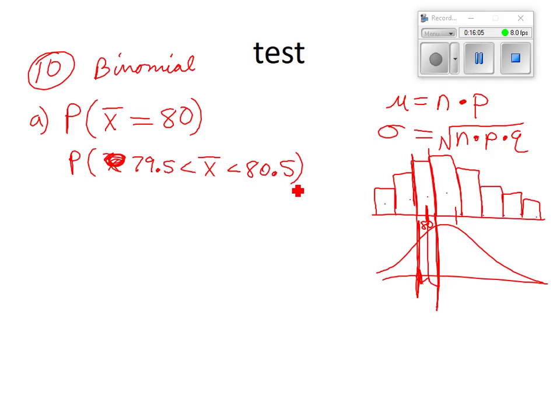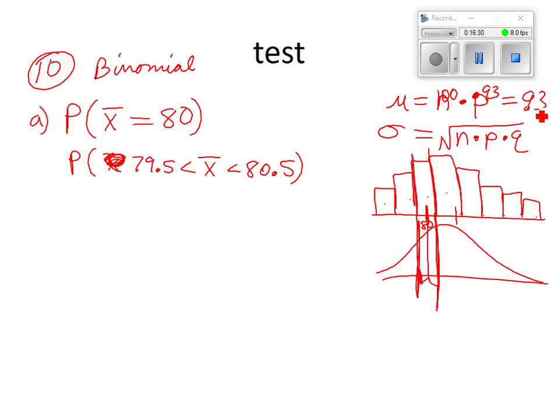Then the other thing we still have to do is find the mean and the standard deviation. They told us that 93%, so that's our P, 0.93. Our N, how many were we sampling? 100. What's 100 times 0.93? 93.